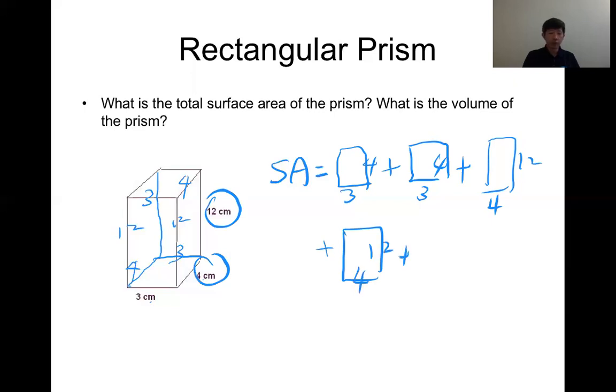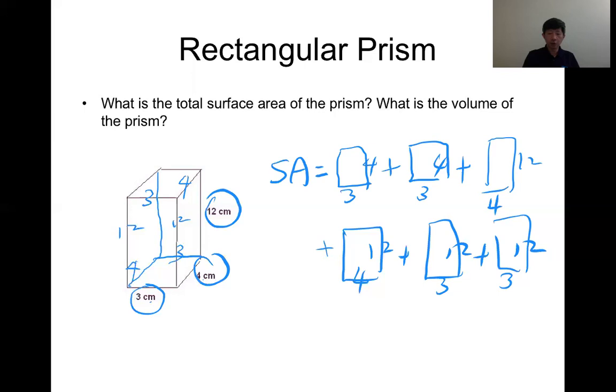And what else? We have 3 by 12. 3 by 12, right? Because this is a 3, and then this is a 12. All right, so now fill in the information.